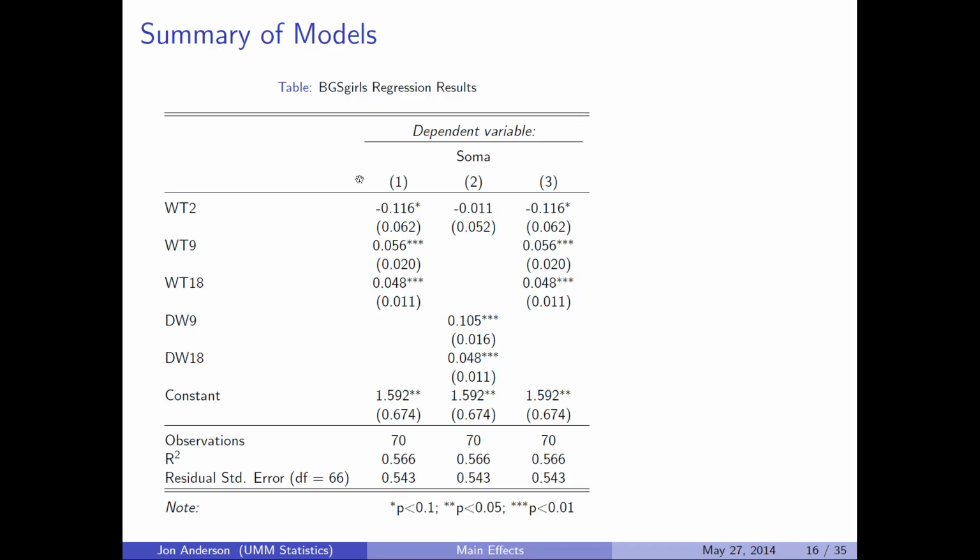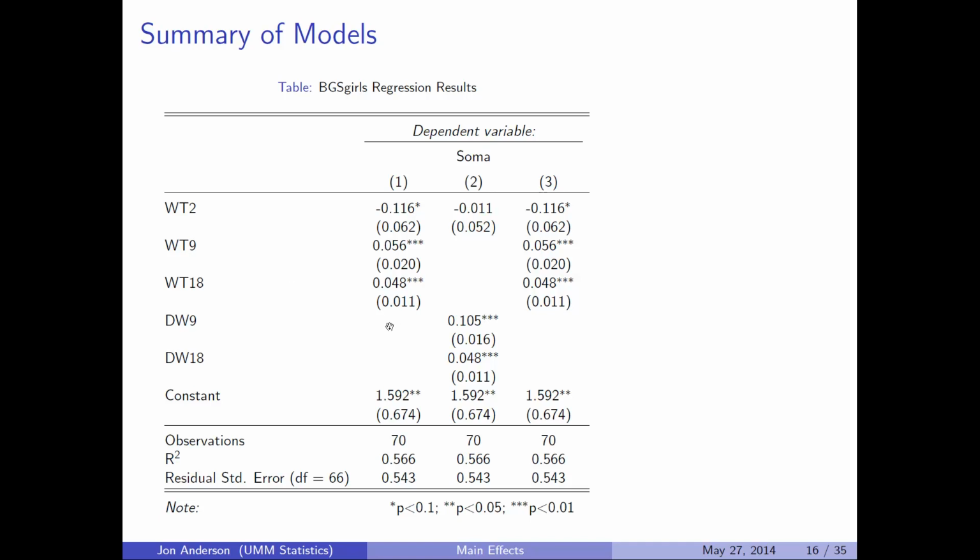So model 1 and model 3 are essentially the same. What I want you to notice though is you get a slightly different estimate for weight at age 2 in model 2 compared to the other ones. And there is really different regressor information in those models, and so we get a different kind of interpretation from it.